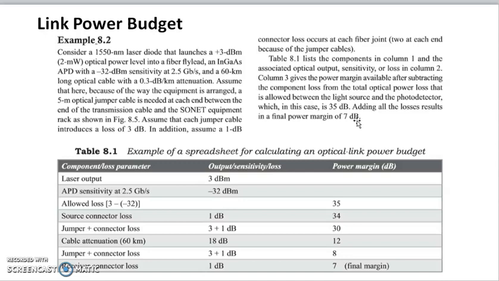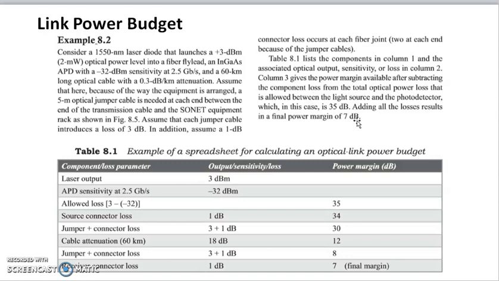Consider a 1550 nanometer laser diode that launches 3 dBm, that is 2 milliwatts optical power, into a fiber fly lead from the source, an indium gallium arsenide avalanche photodiode with its -32 dBm sensitivity at 2.5 gigabits per second, and a 60 km long optical fiber cable with 0.3 dB per kilometer attenuation, that is alpha.